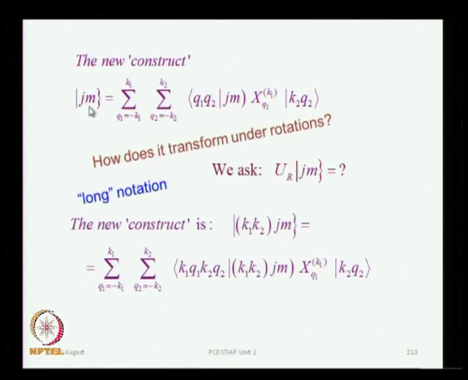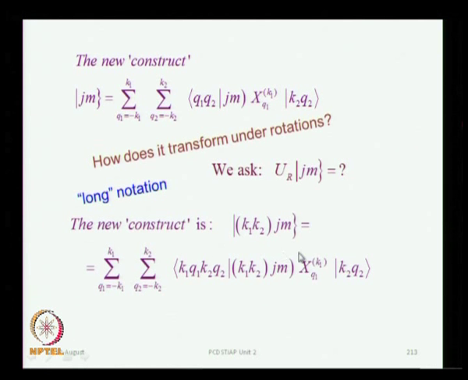So, the same vector written with all the labels with the full notation, because this is a vector which is made up of k1 and k2. K1 is the rank of this tensor and k2 is the angular momentum of this. So, k1 and k2 are like j1 and j2 indices. Those are the quantum numbers, but one corresponds to the angular momentum vector, the other corresponds to the irreducible tensor operator.